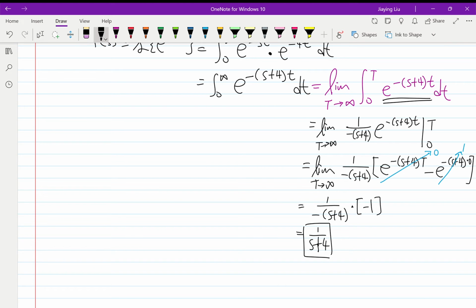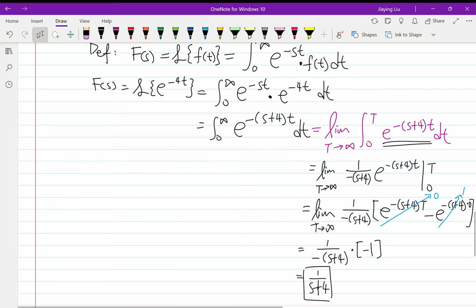So this function of s at the end is what we call the Laplace transform of e to the negative 4t. So we go from an exponential function e to the negative 4t and end up with a fraction, 1 over s plus 4. So we did this Laplace transform.